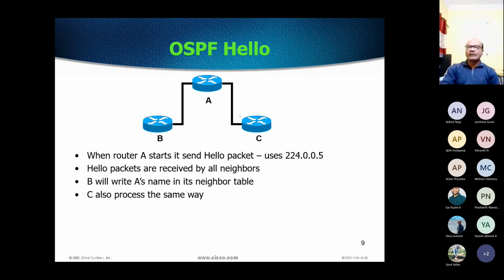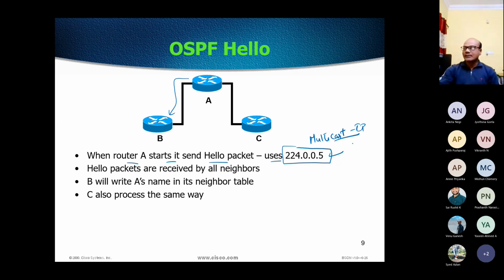So how does it form the adjacency? When router A sends its hello packet, it uses 224.0.0.5. This is called a multicast IP. Please remember, guys.